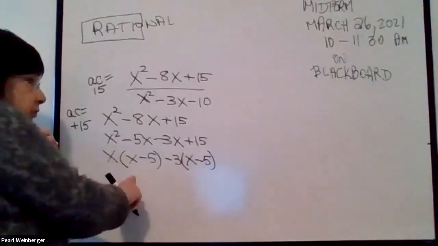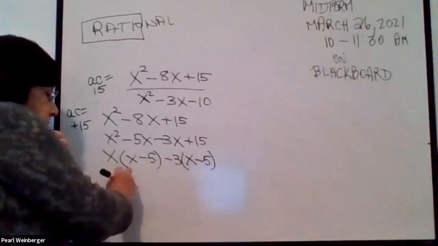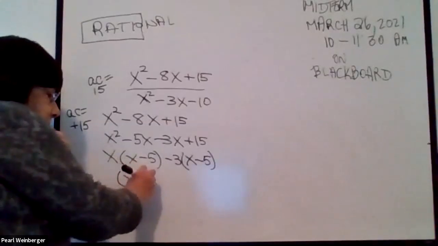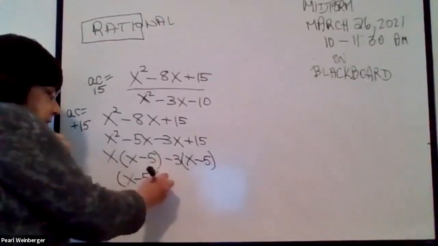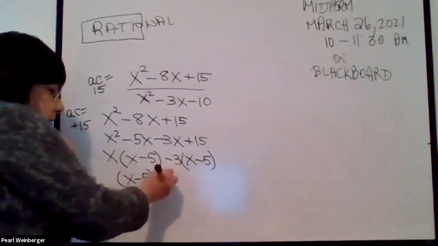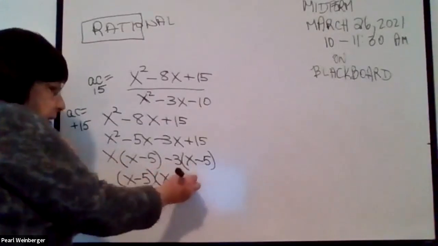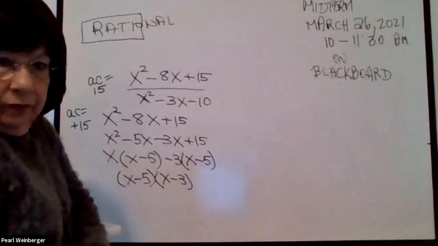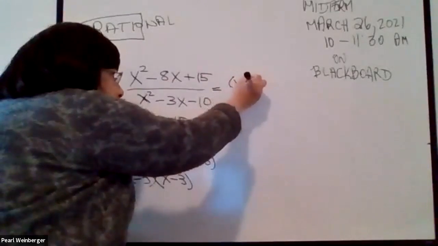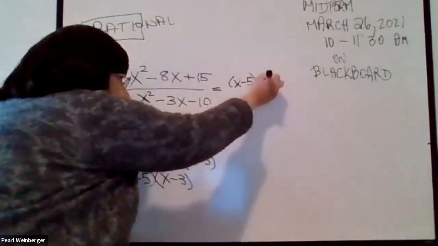So x minus 5 is my common factor. So this becomes x minus 5 times x minus 3. You okay with that? Yes. Okay, so I'm putting that on top. My top became x minus 5 and x minus 3.